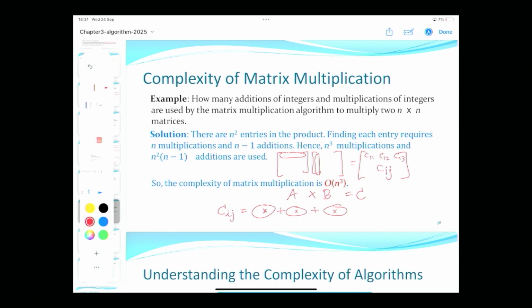So the number of multiplications and additions can be obtained there. And that would be n multiplications and n minus 1 additions here. Since we have n squared elements, the result would be n squared times 2n minus 1.